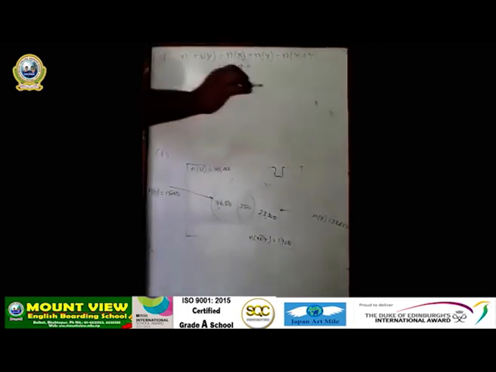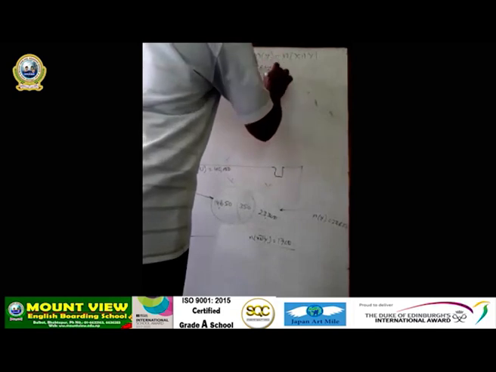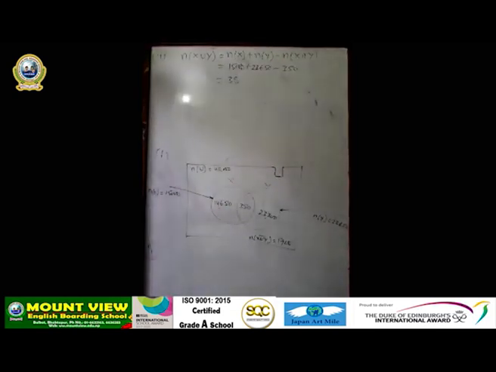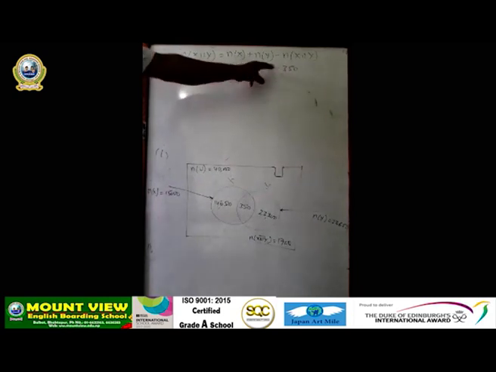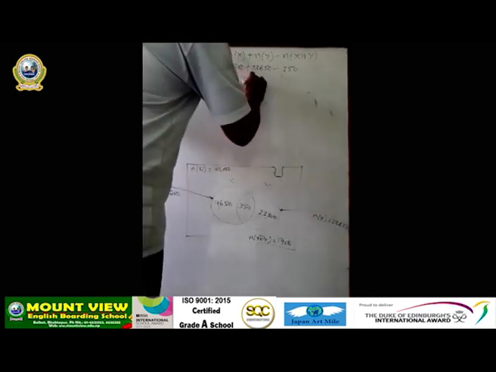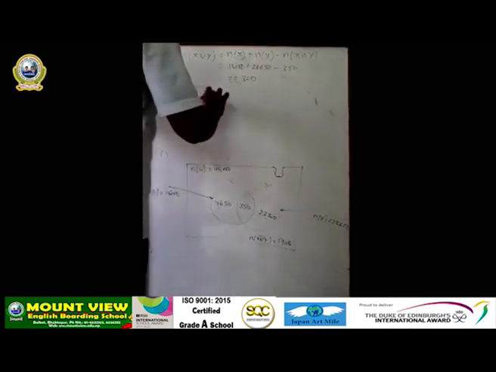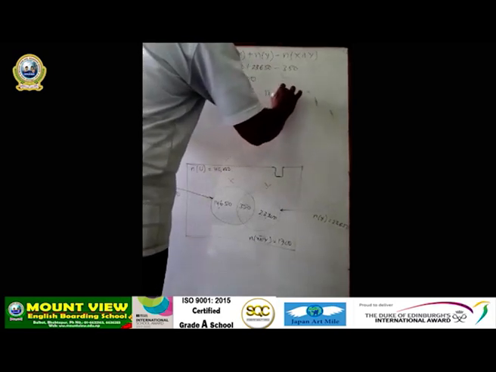Now we have to show the calculation. Number 2: cardinal X union Y means cardinal X plus cardinal Y minus cardinal X intersection Y. Cardinal X is 15,000, Y is 23,650, minus 350.